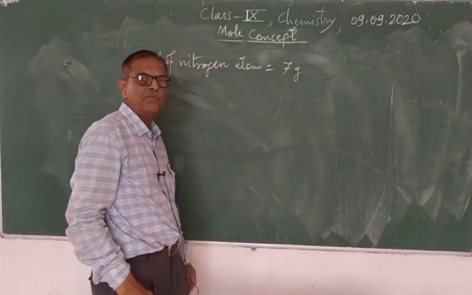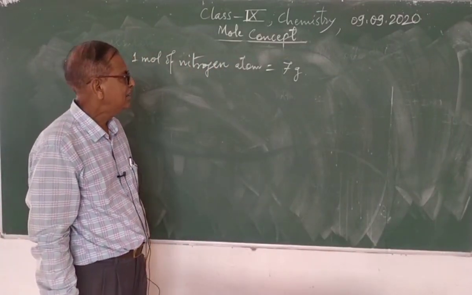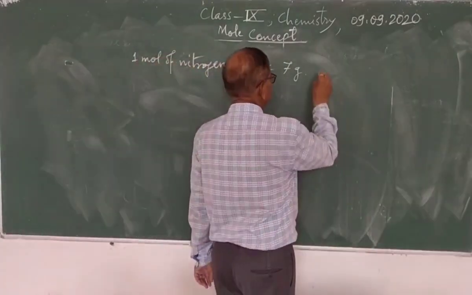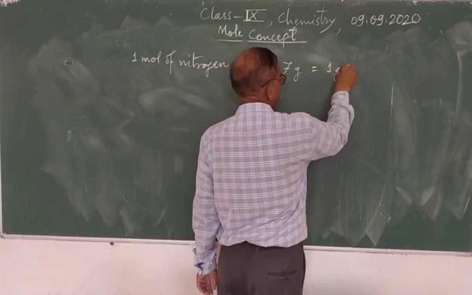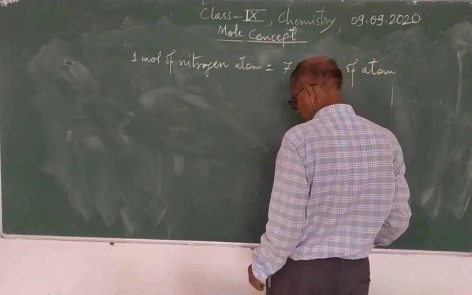Atomic weight, when expressed in gram, is called gram atomic weight, and 1 gram atomic weight is equal to 1 gram of atom. It is also indicated as 1 gram mole.